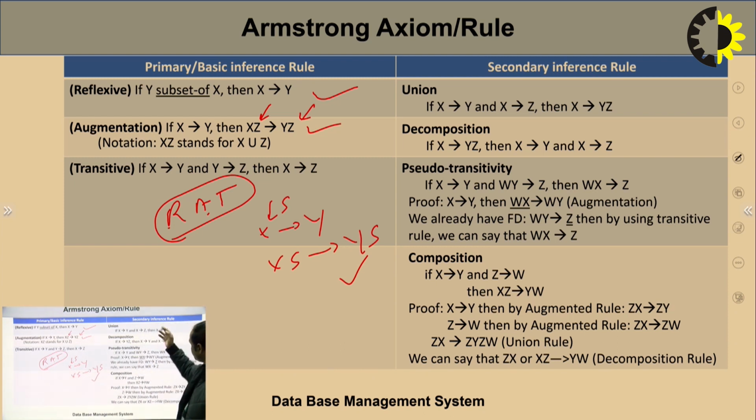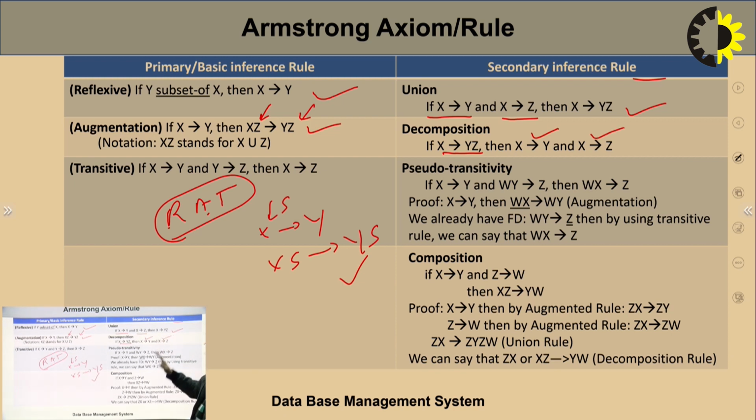Some other inference rules are there. Union: if x tends to y and x tends to z, then we can combine them on the right-hand side, so x tends to yz. This is the union rule. Another rule is decomposition: if x tends to yz, then x tends to y and x tends to z.